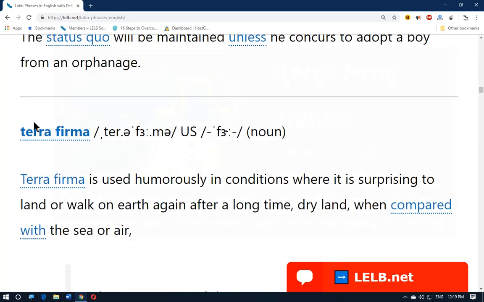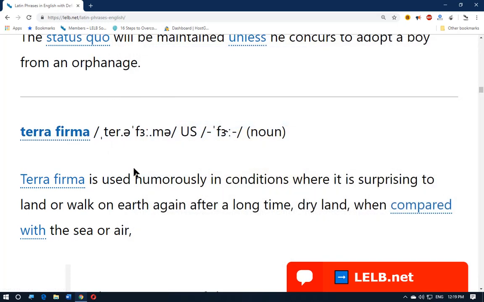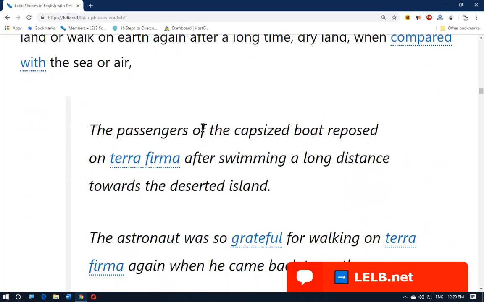Terra firma. Terra firma means dry land when compared with the sea or air. Terra firma is used humorously in conditions where it is surprising to land or walk on earth again after a long time. The passengers of the capsized boat reposed on terra firma after swimming a long distance towards the deserted island.